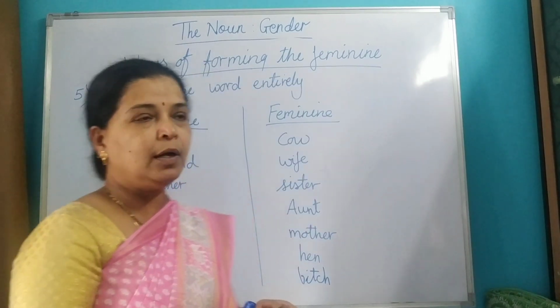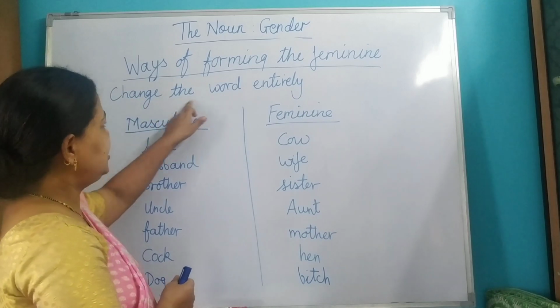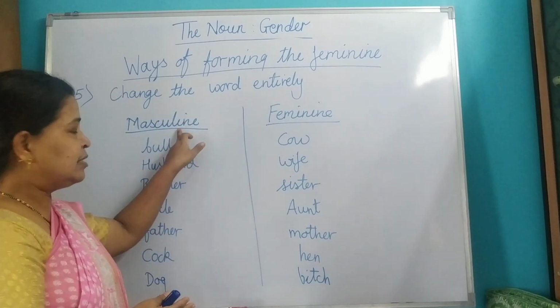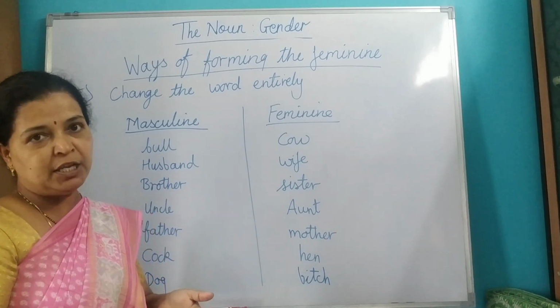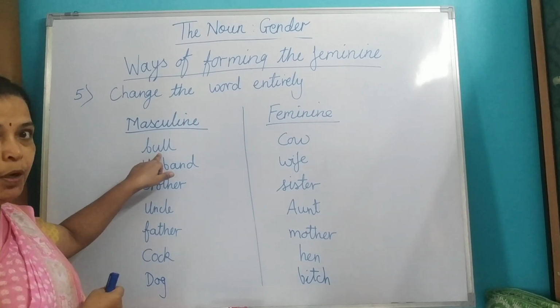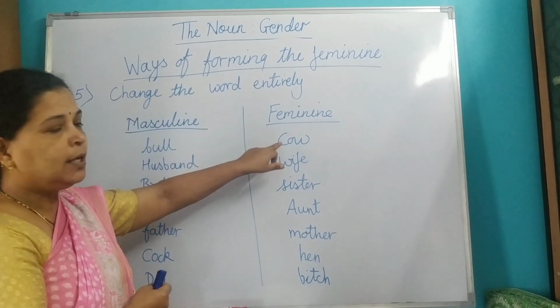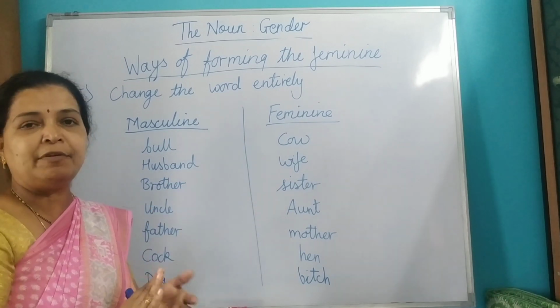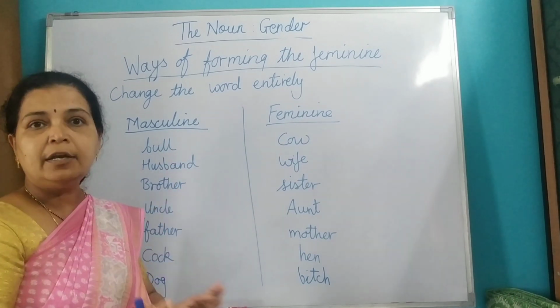In the next method, what we have to do, we have to change the word entirely. Means the feminine nouns and the masculine nouns are totally different from each other. For example, we'll see masculine, bull. The feminine of it is cow. Okay, it is totally different. We have not added any suffix, nothing. The words are totally different.